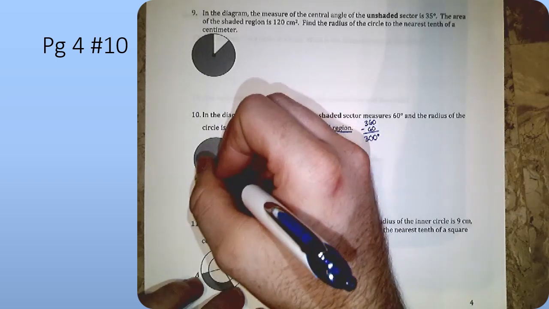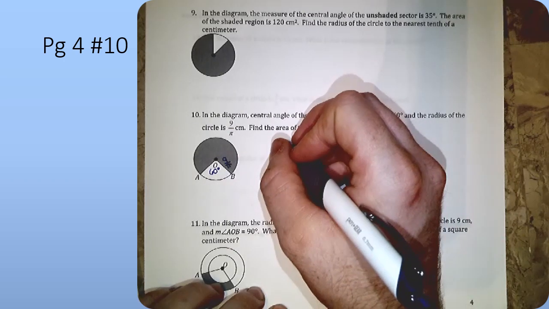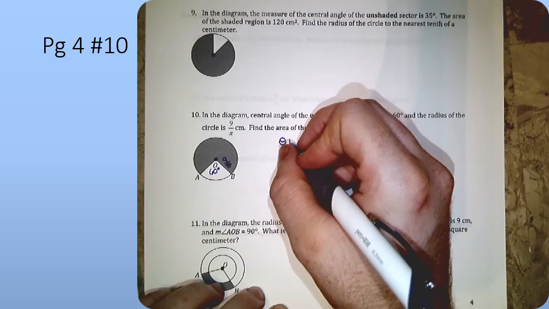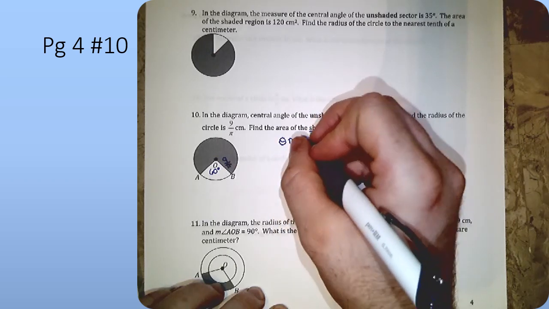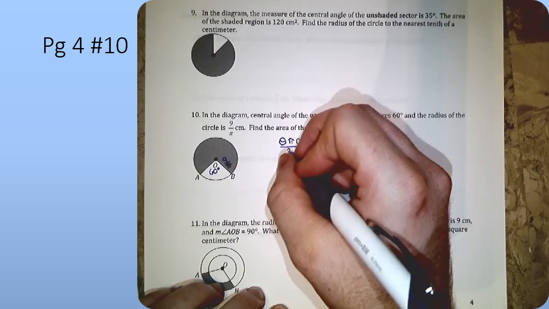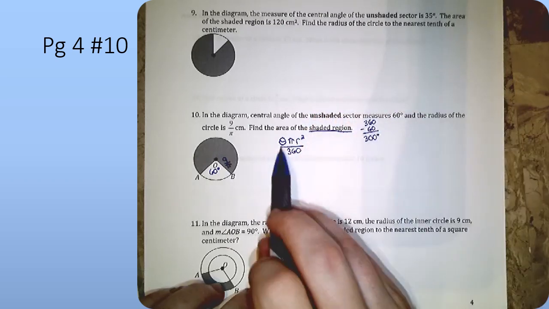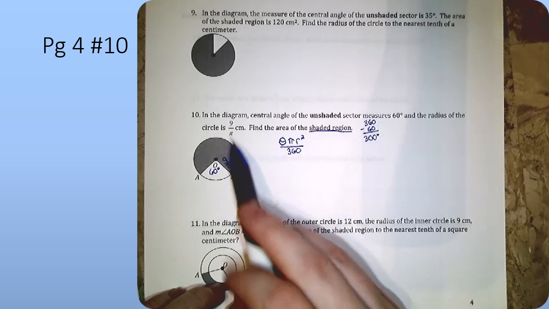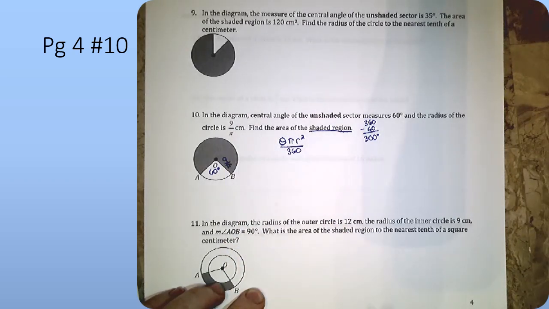So the shaded region is 300 degrees. So when I use the equation of the angle times pi r squared all over 360, the angle that we're going to use is 300. The radius that we're going to use is still this 9 over pi.